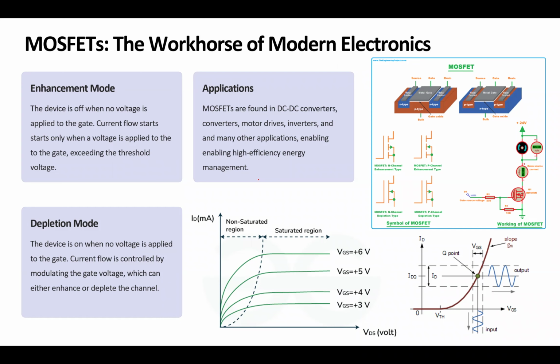So it could also work as an amplifier. When you have a certain signal at the gate, it gives you a different amplitude of the signal as a current, and the ratio is the gain of the MOSFET.